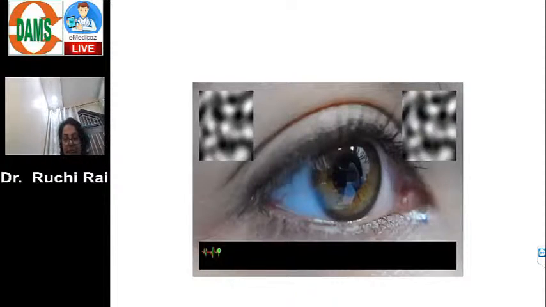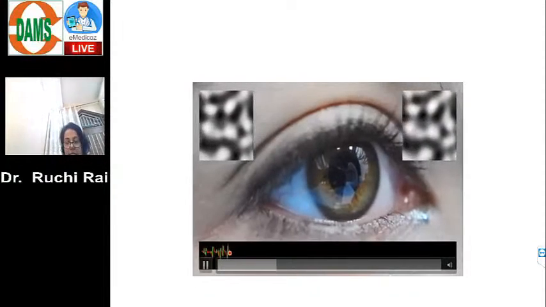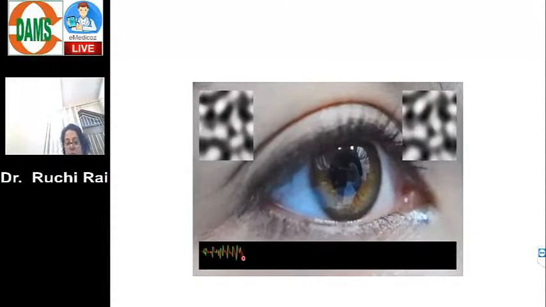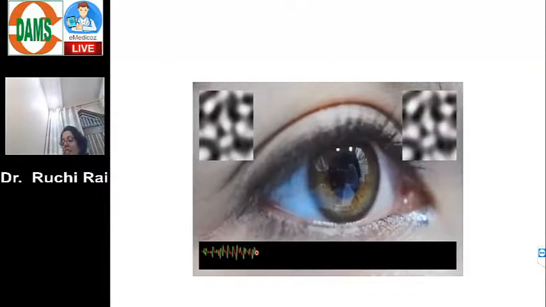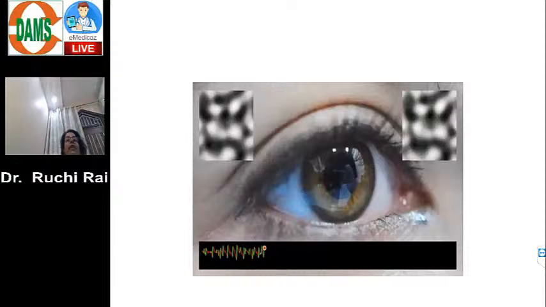Now look at this one. These movements, pursuit and saccadic, are your optokinetic nystagmus. This is your physiological nystagmus, which is present in all of us. When there is a more posterior lesion in the parietal lobe, it can lead to a defect where the pursuit movement is affected.